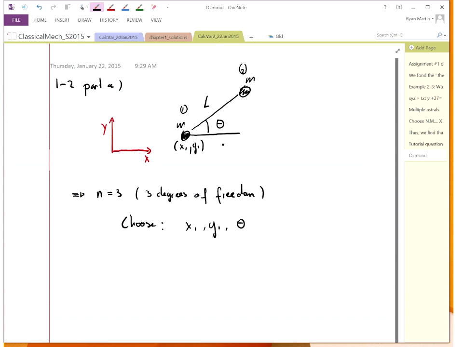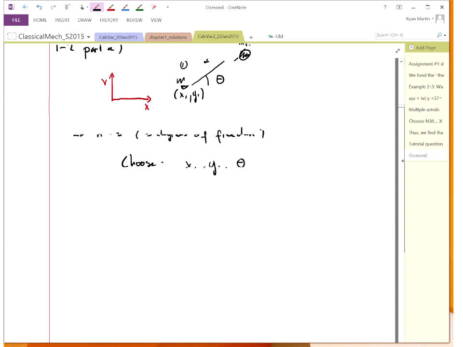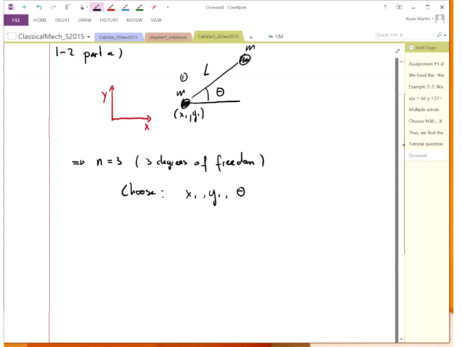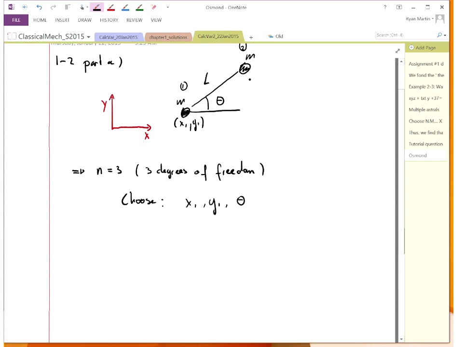Okay? So we need to know the transformations from our Cartesian coordinates to our generalized coordinates. So we have 4 Cartesian coordinates, right? We have x1, y1, x2, and y2. So we need to write out equations for x1, y1, x2, y2 in terms of x1, y1, and theta.